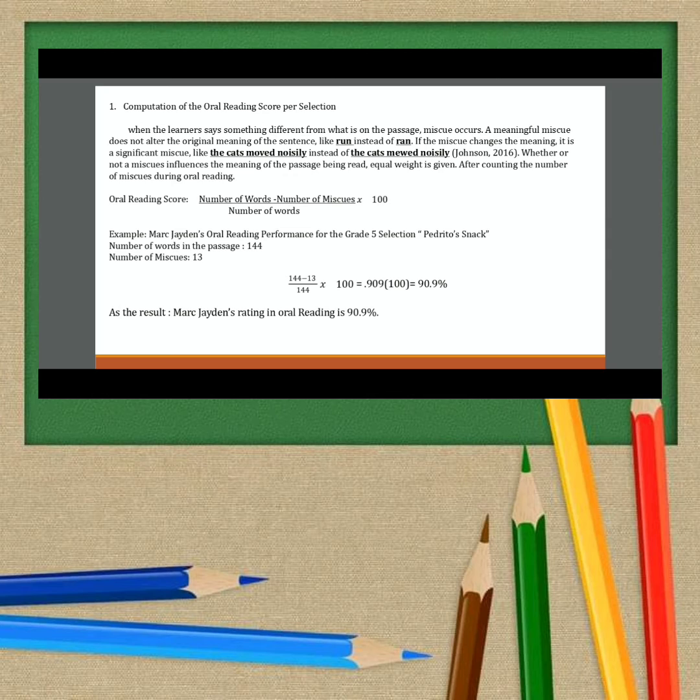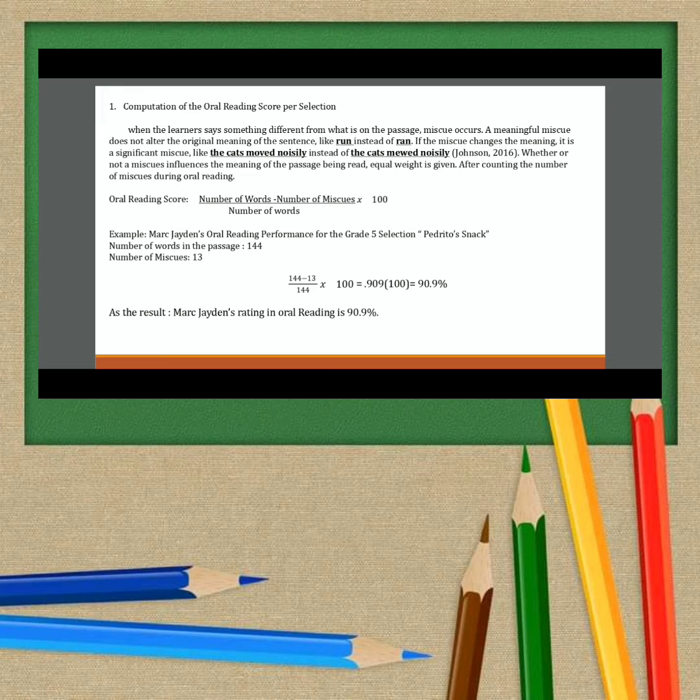Whether or not a miscue influences the meaning of the passage being read, equal weight is given after counting the number of miscues during oral reading. The oral reading score is computed using the formula: oral reading score equals number of words minus number of miscues, divided by number of words, times 100.